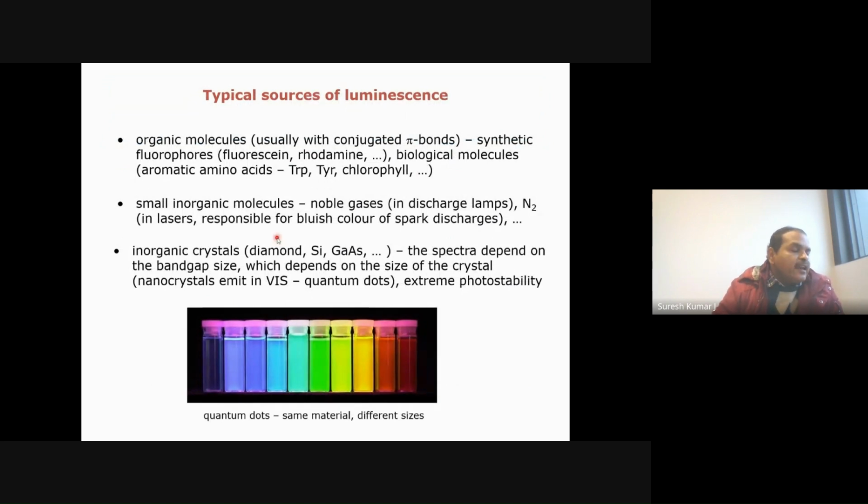Luminescence can originate from different sources. Organic molecules also produce photoluminescence, and small inorganic molecules can also produce photoluminescence. Inorganic crystals also can produce photoluminescence, and based on the characteristics of the materials and the different methods used, they can be used in different ways.